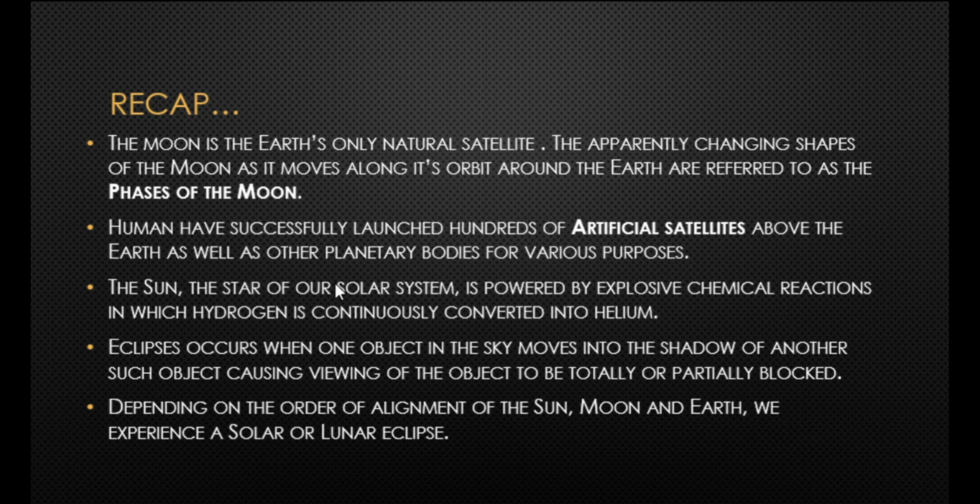The Sun, the star of our solar system, is powered by explosive chemical reactions in which hydrogen is continuously converted into helium. Eclipses occur when one object in the sky moves into the shadow of another such object, causing viewing of the object to be totally or partially blocked. Depending on the order of alignment of the Sun, Moon, and Earth, we experience solar or lunar eclipse.